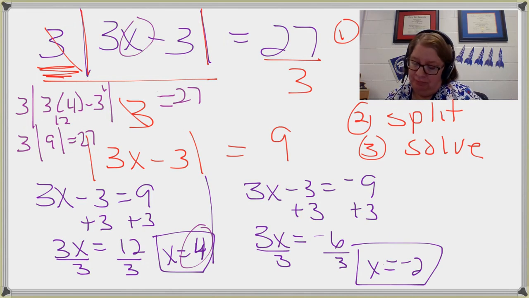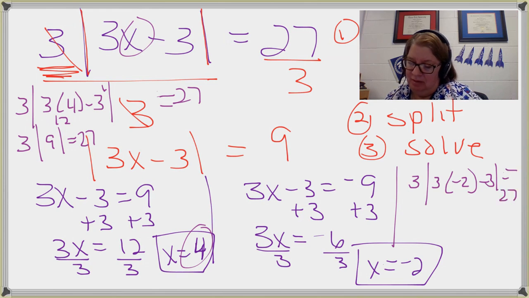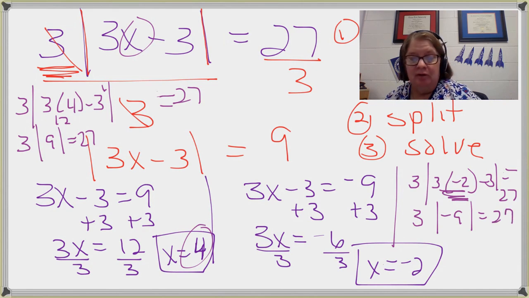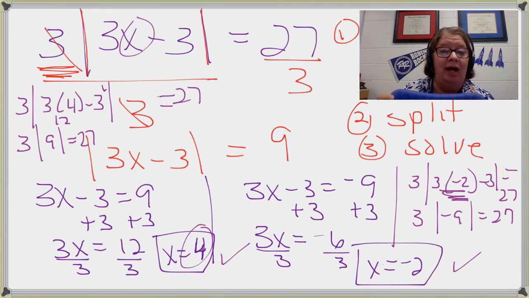What if I try negative 2? Three times negative 2 is negative 6. Minus 3 is negative 9. The absolute value of negative 9 is positive 9. Positive 9 times 3 is 27. So both of those work. So when you have other numbers there, then you would isolate the absolute value first, then split it, then solve it.